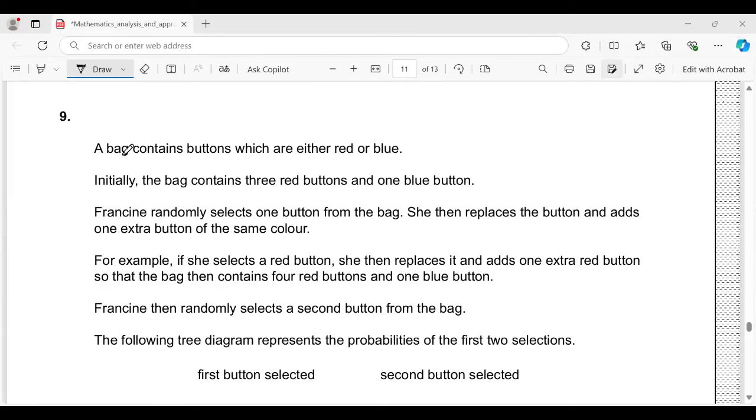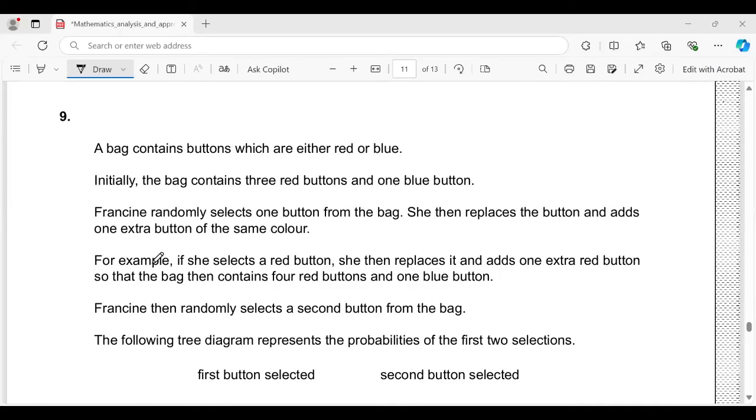Number 9. A bag contains buttons which are either red or blue. Initially, the bag contains 3 red buttons and 1 blue button. Francine randomly selects 1 button from the bag. She then replaces the button and adds 1 extra button of the same color.